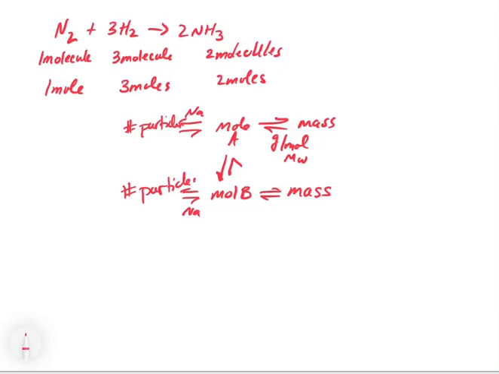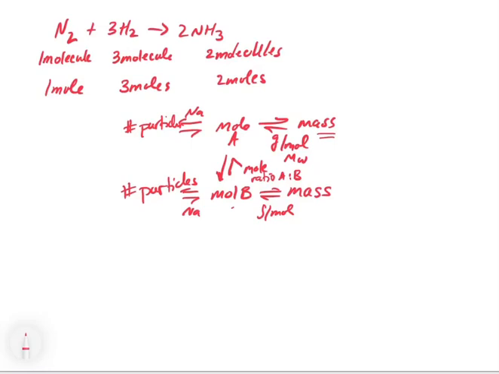So this is very powerful, meaning we can take a mass of one thing, convert that to the number of moles using the molecular weight, use the mole ratio of A to B to get to moles of B, and then once I'm in moles of B, I can get to the mass using the grams per mole of B or Avogadro's number.